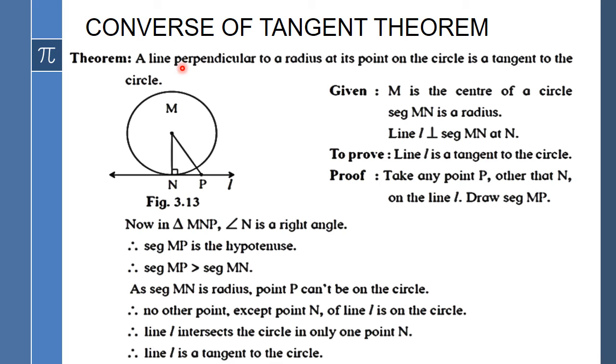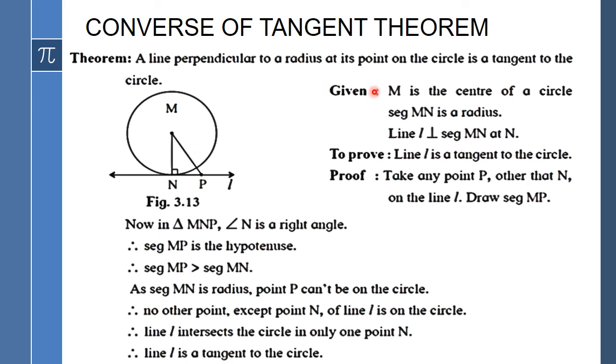So if you make one radius, and draw a line such that the line is perpendicular to the radius, then the line formed will be a tangent to the circle. That is what the converse of the tangent theorem says.